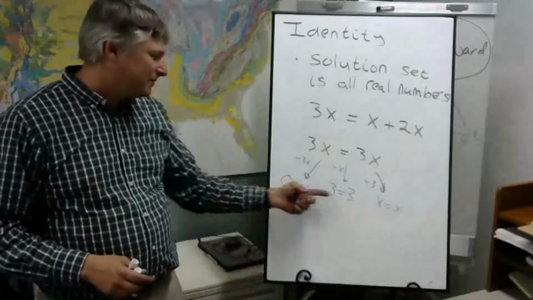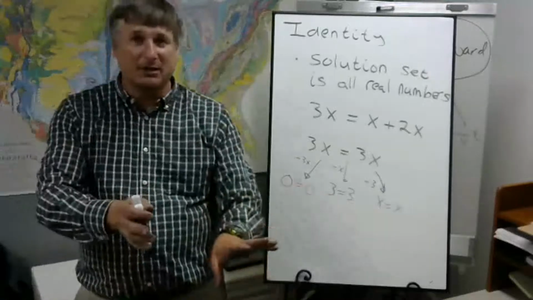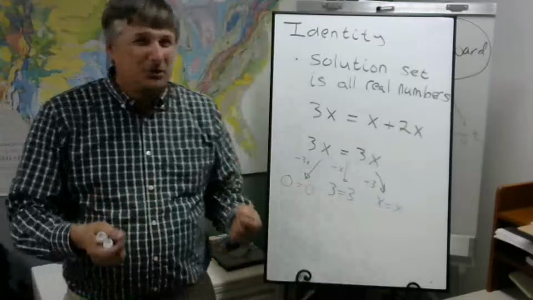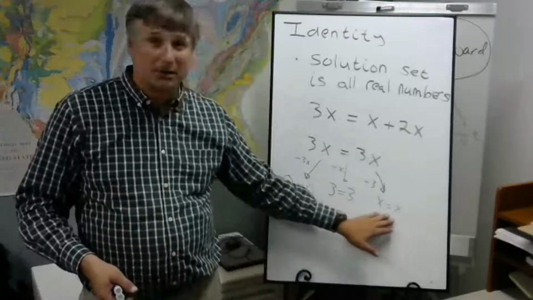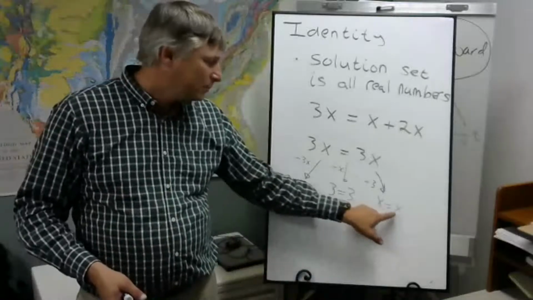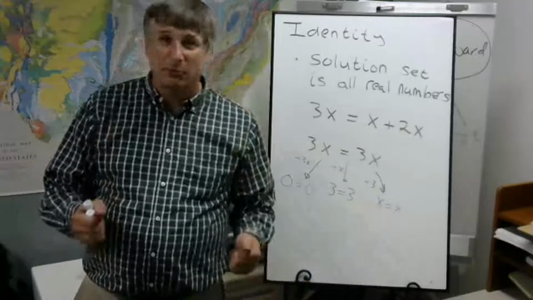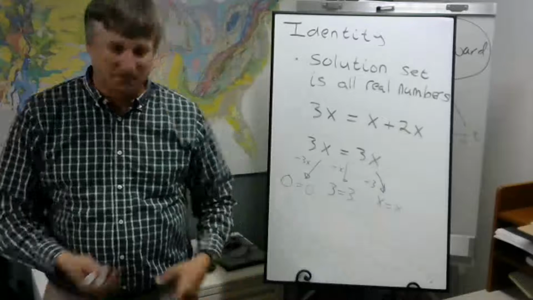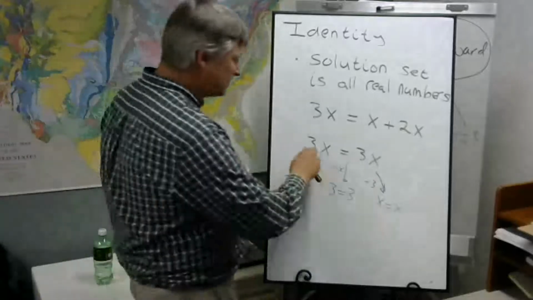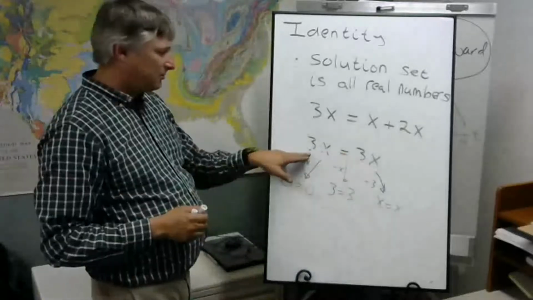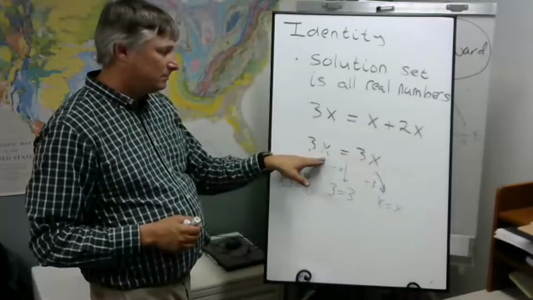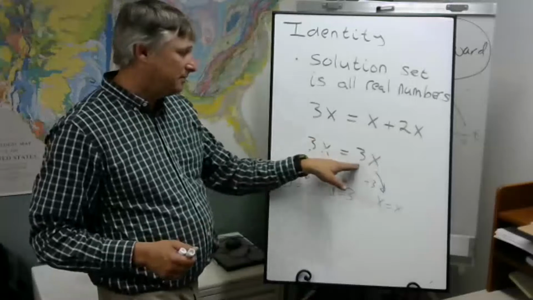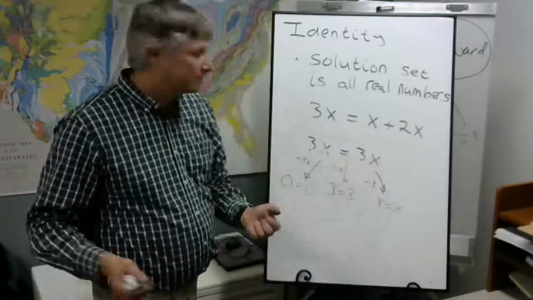So if we get something like this, you can just say, okay, that's an identity equation. What really shows through, though, is this right here: x equals x. Choose any real number, it's always equal to itself. Or you can just back up here. 3 times any real number will always equal 3 times that same real number.